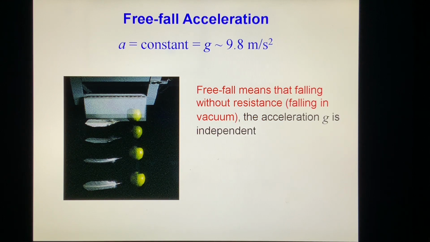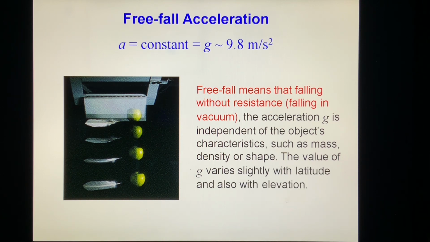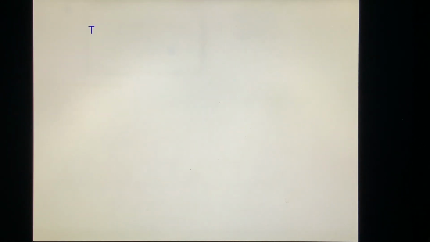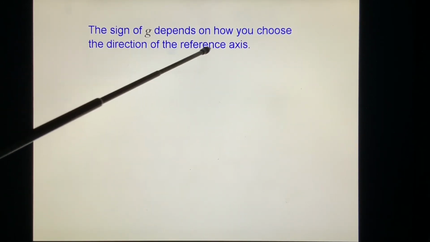The acceleration g is independent of the object's characteristics, such as mass, density, or shape. The value of g varies slightly with latitude and also with elevation. The sign of g depends on how you choose the direction of the reference axis.